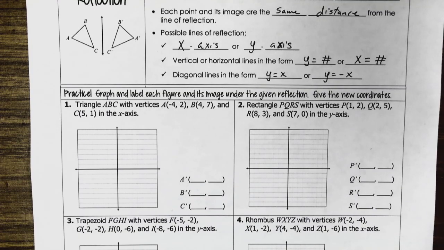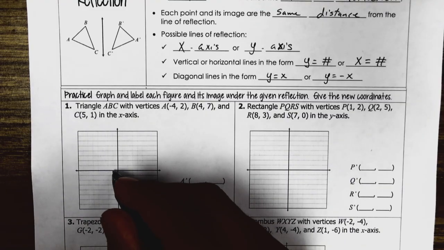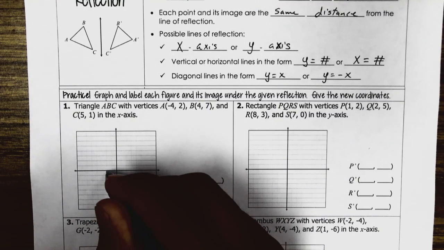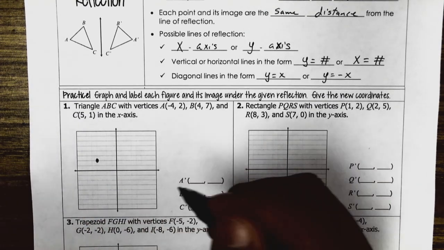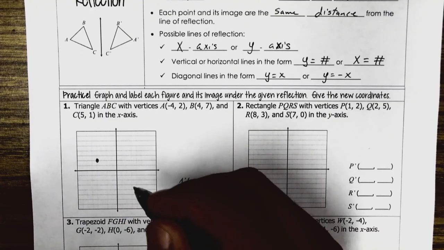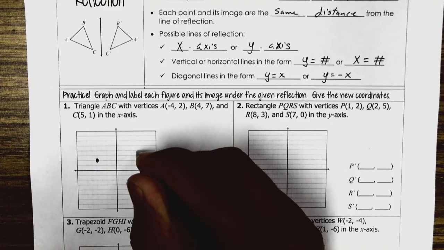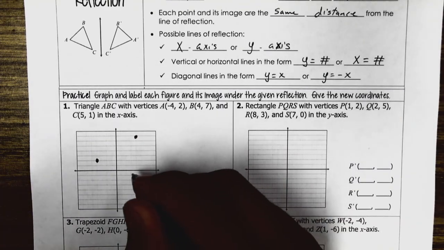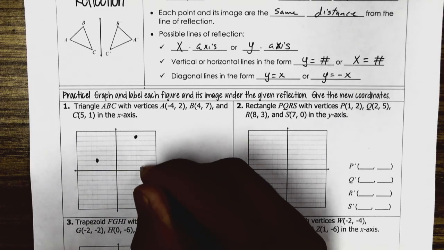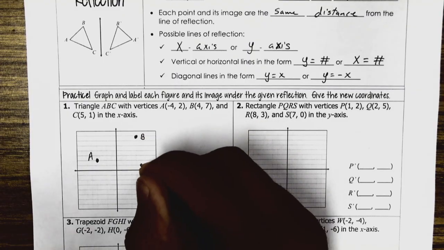And C is at 5, 1. So here's A, here's B, and here's C.